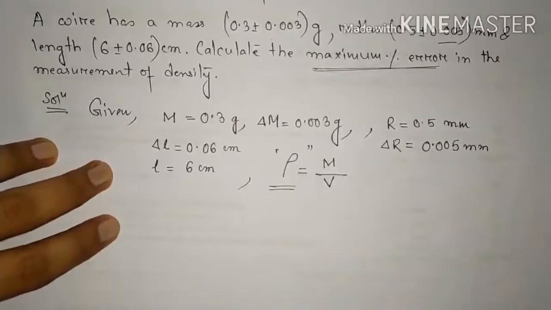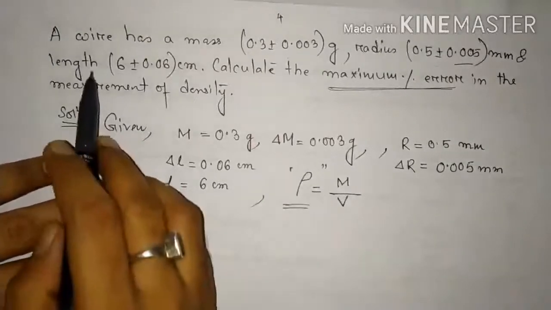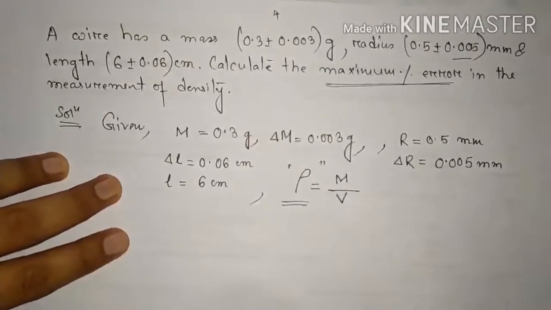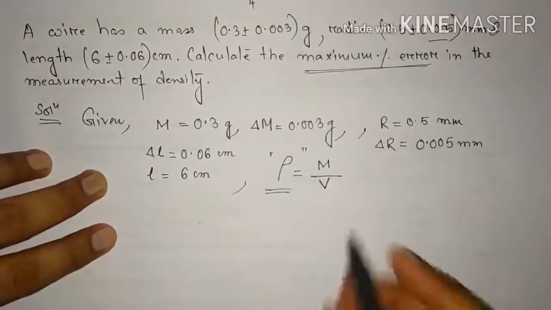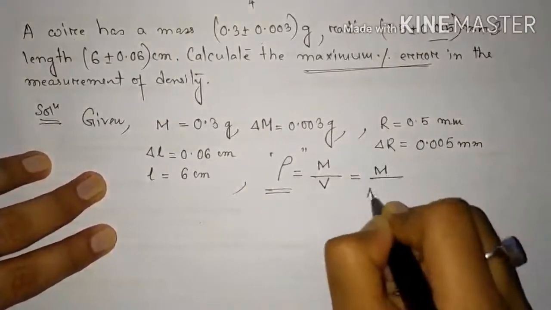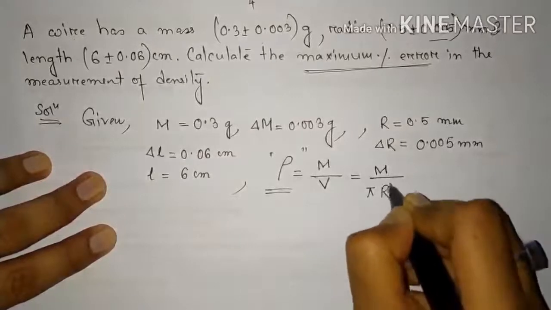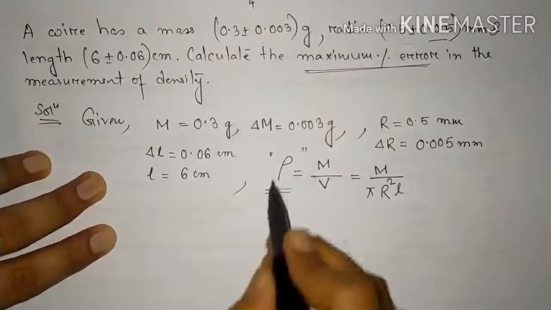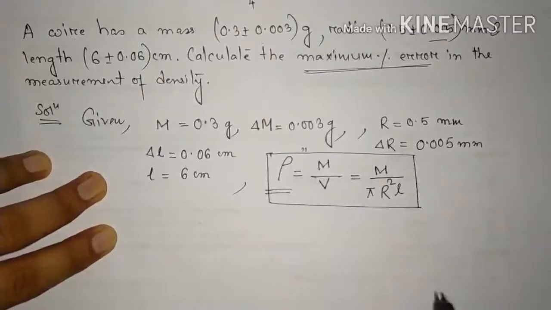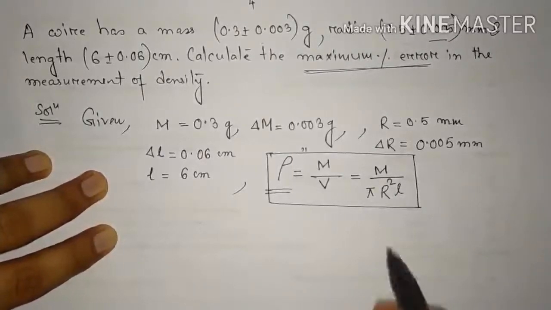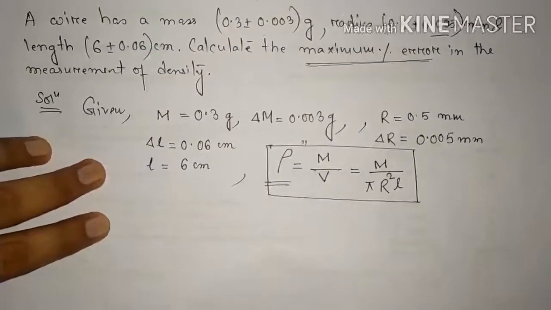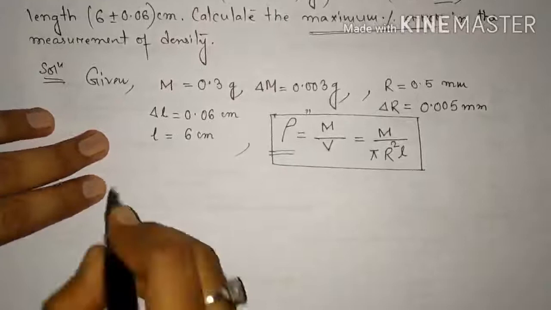The volume of a wire which has radius and length is simply pi r square L. So the expression of rho will be m by pi r square L. This is the expression of density, and we have to find the maximum percentage error in its measurement. So if this is the expression of rho, what will be the expression of delta rho by rho?